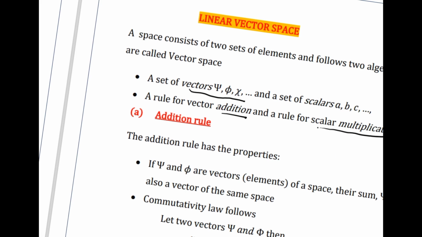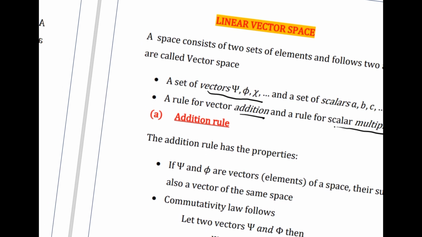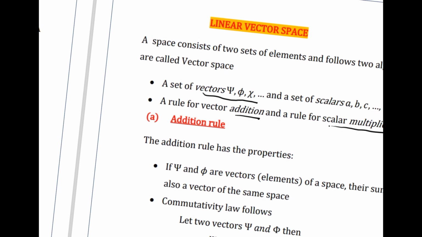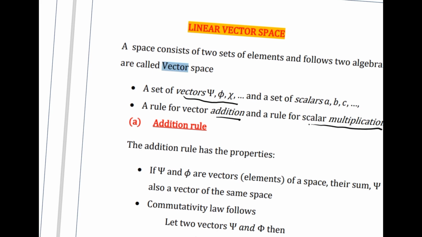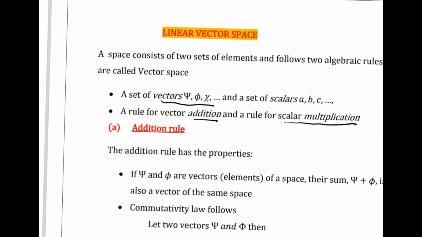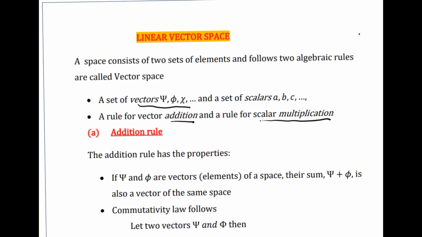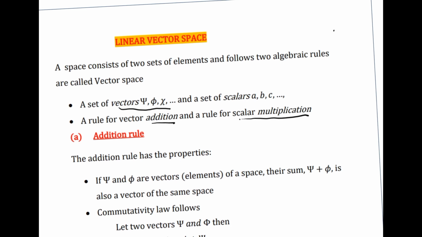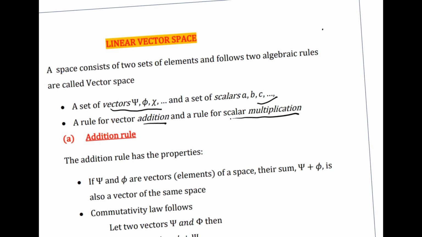A space consists of two set of elements। ऐसा कोई स्पेस जिसमें दो सेट ऑफ एलिमेंट्स हों and two algebraic rules of vector and scalars are followed, are called vector space। Number one, set of vectors like psi state vector, phi state vector, chi state vectors, and so on, and set of scalars like a, b, c, dot dot dot dot, and two rules, algebraic rules.